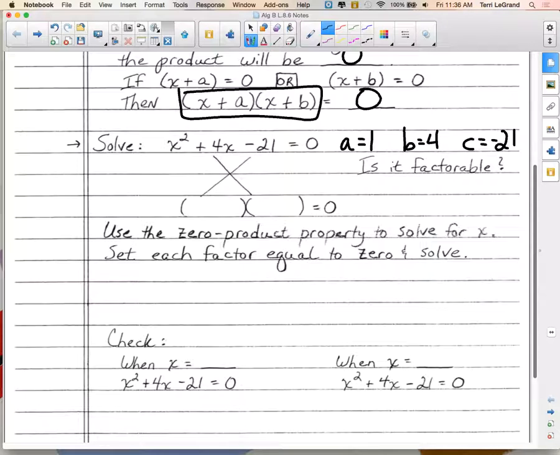It should open up because a is positive. So if this is negative 21 on the y-axis and it's opening up, how many zeros should there be? There should be 2, shouldn't there? It's got to cross the x-axis in 2 locations.